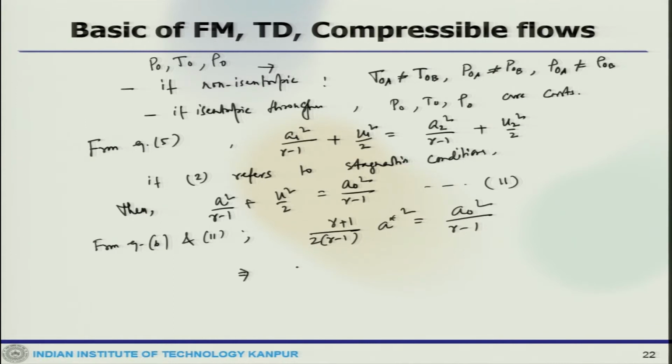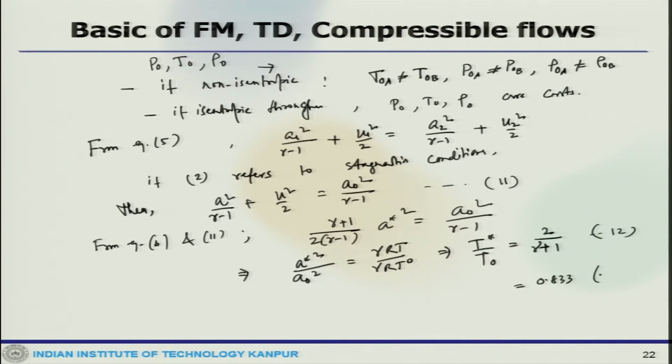So, in the other way one can write A star square by A naught square equals gamma R T star by gamma R T naught, which is T star by T naught, equal to 2 by gamma plus 1. So, if we put gamma equals 1.4, this would be roughly 0.83.